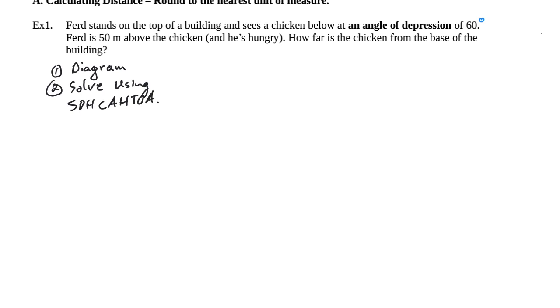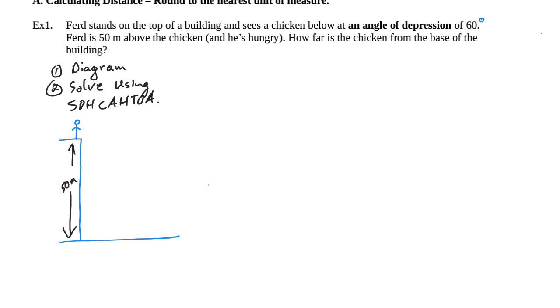All right, so let's construct a little picture that shows the building. Imagine this is my building, and here is Ferd standing on top of the building. We know that from the base of the building out is a certain distance, but we know that the height of the building is 50 meters.